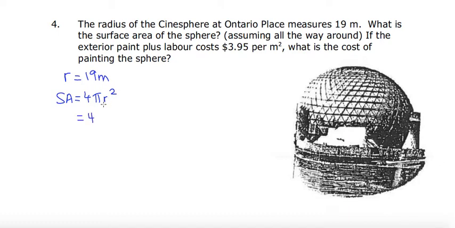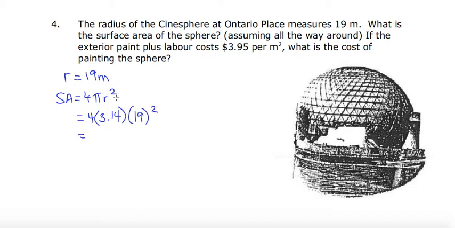So I can either choose to keep my pi button to the very end and use the pi button on the calculator, or I can substitute in 3.14 in its place. So let's substitute in 3.14 for this question, just so you have some variety. So 4 times 3.14 times 19 squared.